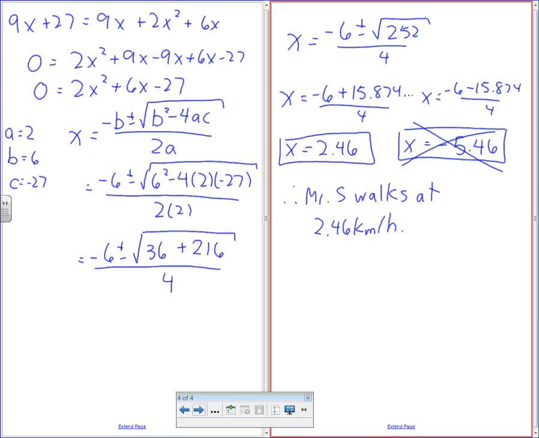Okay, I walk slowly at 2.46 kilometers per hour too, so that's not very fast. All right, so if I were to put part B in here, how fast would Tristan be? Yeah, so he'd be 5.46, so he'd be able to jog, and I'd be walking very slowly.